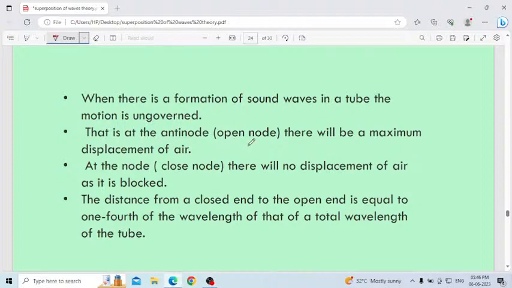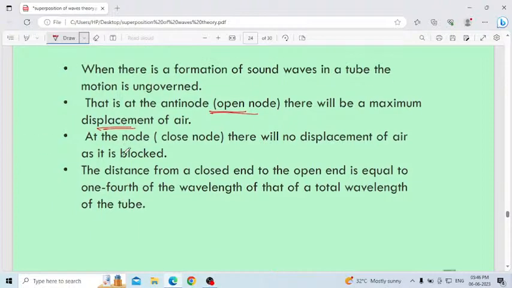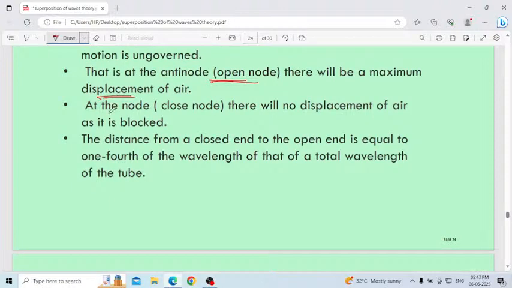At the open end you always get the antinode, where there is maximum amplitude and maximum displacement. At the node, the closed end, there is no displacement, and that end is blocked.